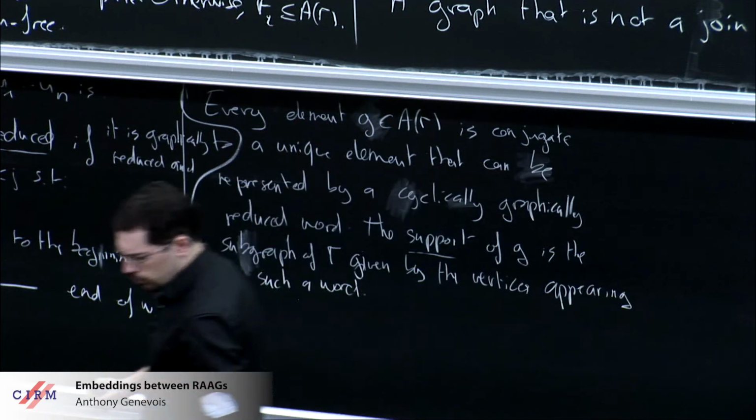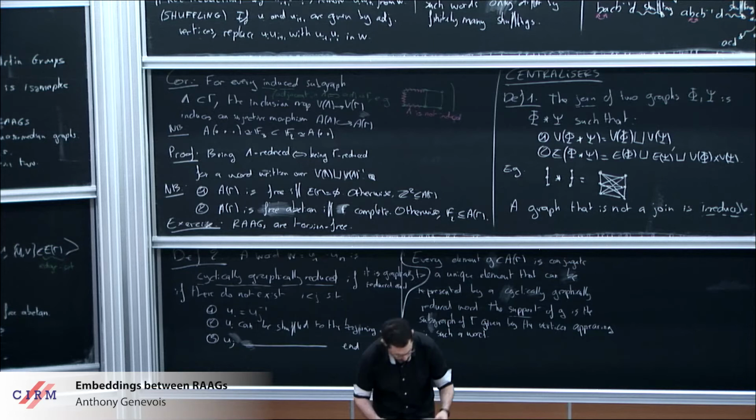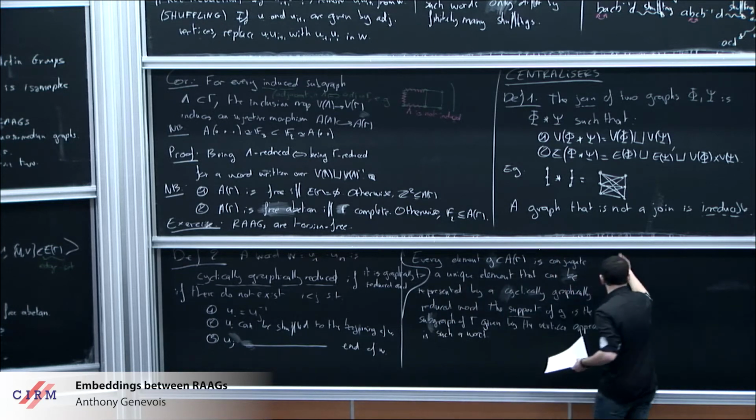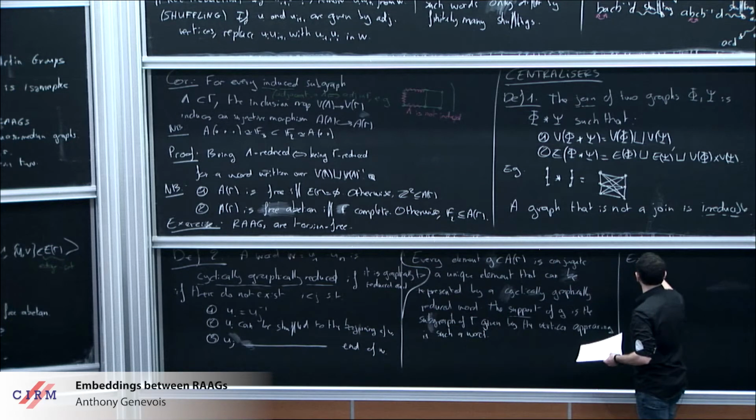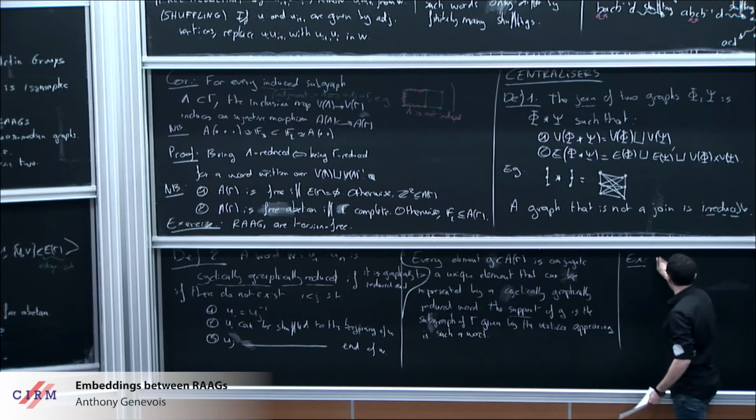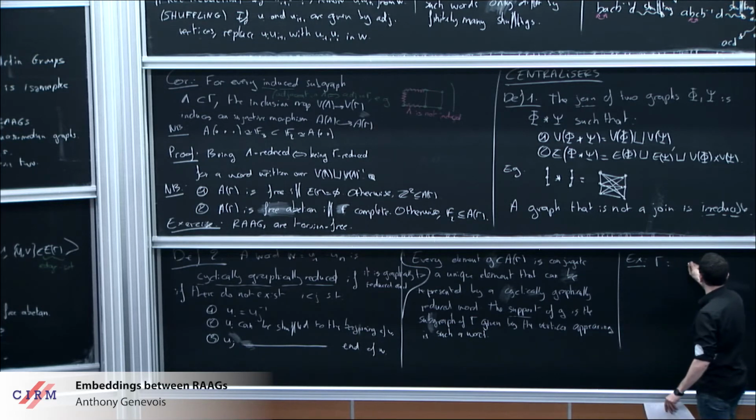Okay, so maybe we should do an example. So gamma is the following graph.